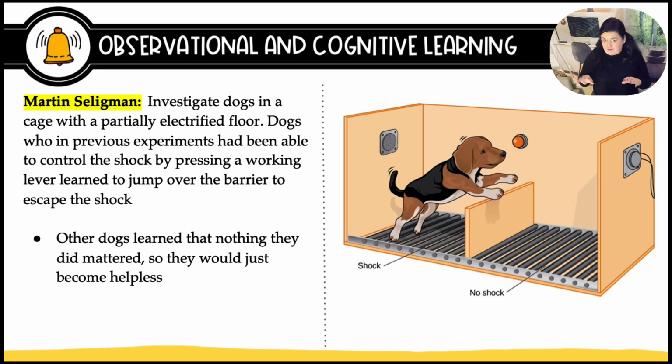The floor was electrified on only one side, not on the other. The dogs previously subjected to the classical conditioning made no attempts to escape, even though avoiding the shock simply involved jumping over a small barrier, a small fence.